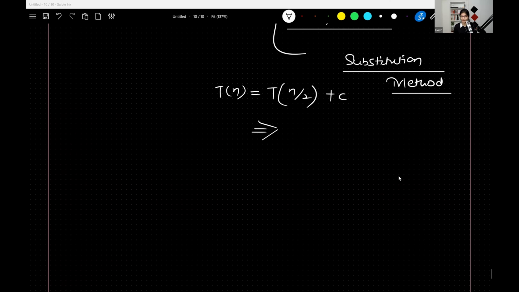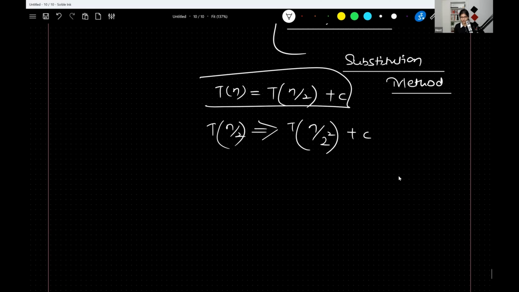So what we can do, we can try to compute this value of T of n by 2. In T of n by 2, it can be written as T of n by 4 plus c, that is T of n by 2 to the power 2 plus c. Yes?